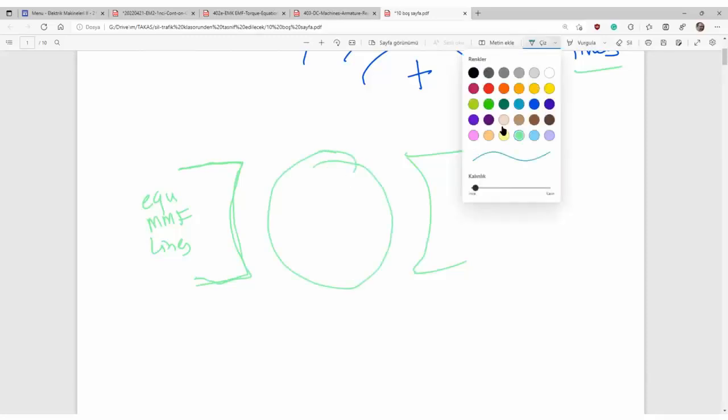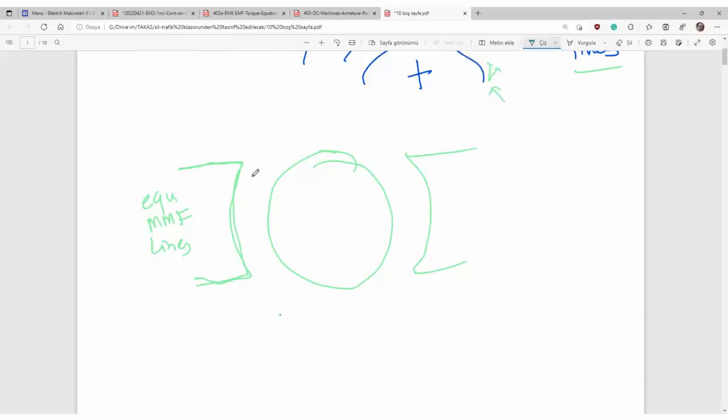What is the flux path? Remember, the flux path always leaves the medium at a right angle.